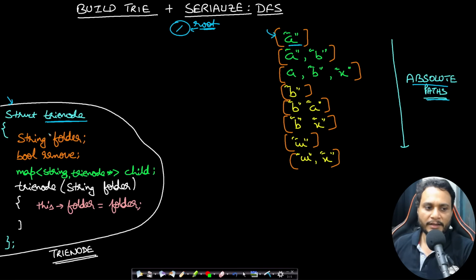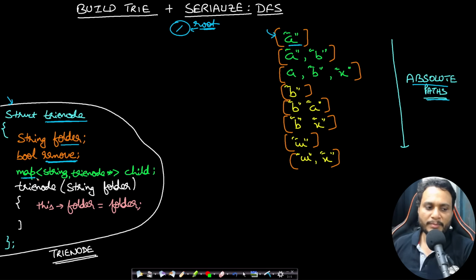I will create it. So each of the trie node contains the folder which will be storing the string name. Then a boolean remove, because I need to find out what all structure in the trie has to be removed, which are actually redundant, isn't it? So for marking what all I have to remove, I will be keeping a boolean flag that I will show you later how to use.